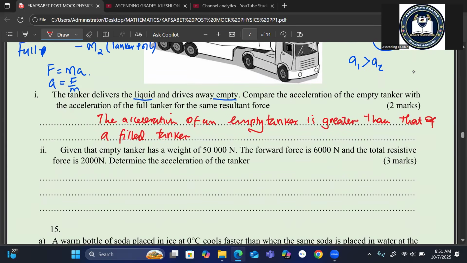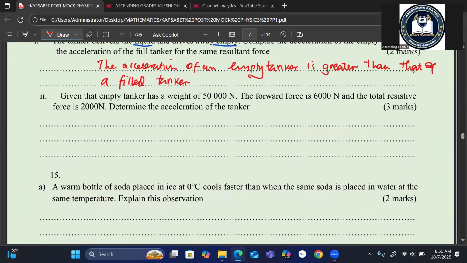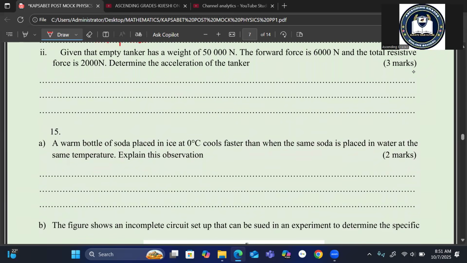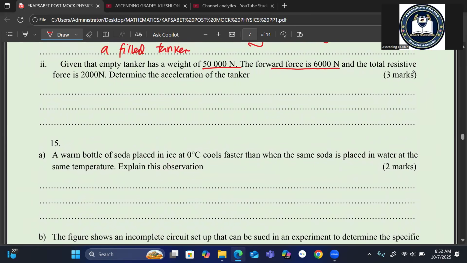Given that an empty tanker has a weight of 50,000 newtons, the forward resultant force is 6,000 newtons, and the total resistive force is 2,000. Then you are to determine the acceleration of the tanker. So the first thing here we need to get is the mass of the tanker.